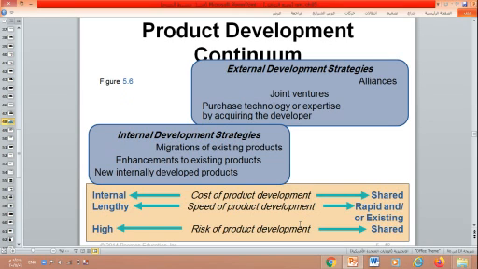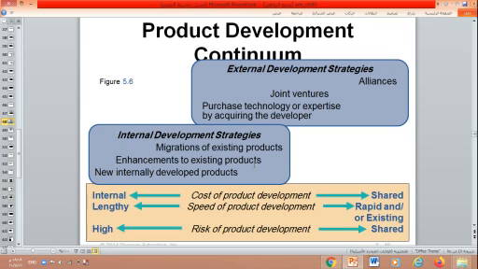Okay, because time-paced competition is so important, there are several strategies that can be adopted. في عندي استراتيجيات ممكن استخدمها حتى نصل إلى الميزة التنافسية, whether external development strategies or internal development strategies.